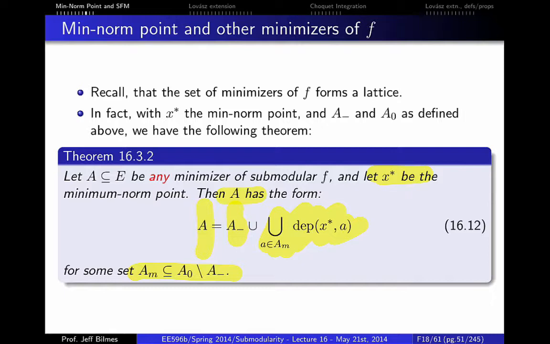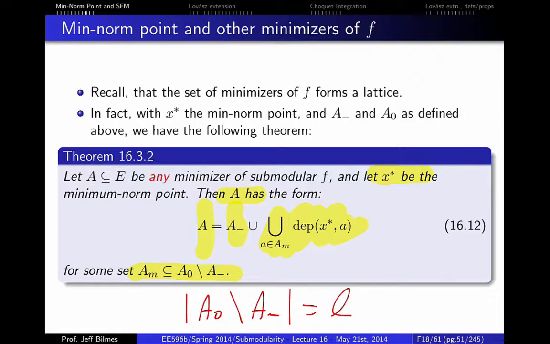So this basically means that suppose it's the case that A naught subtract A minus is equal to, say, L. Right, so this is saying that there potentially could be 2 to the L distinct minimizers. Right?